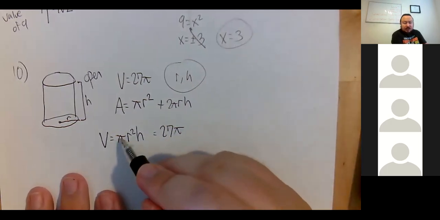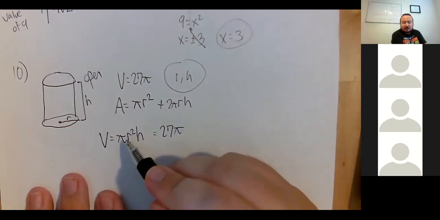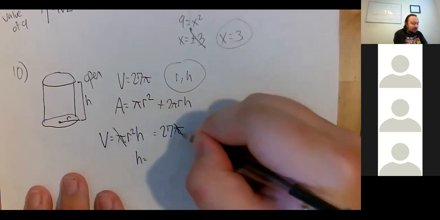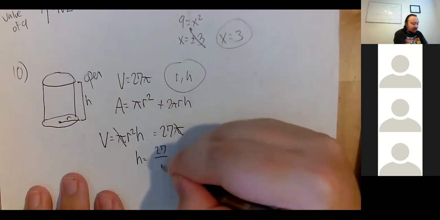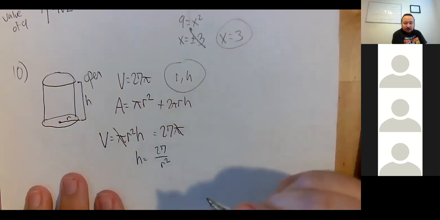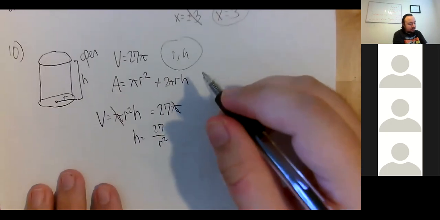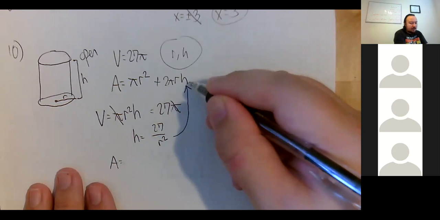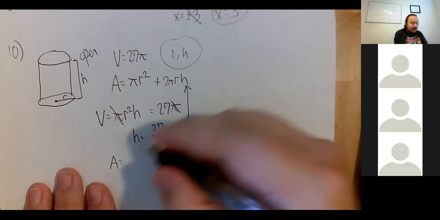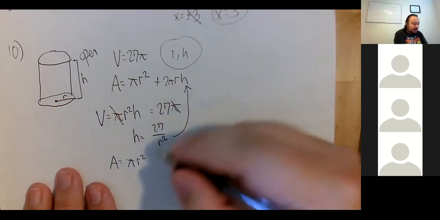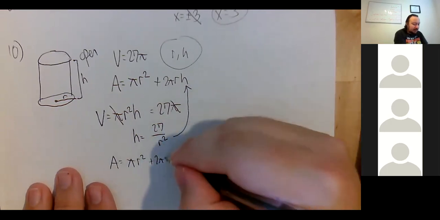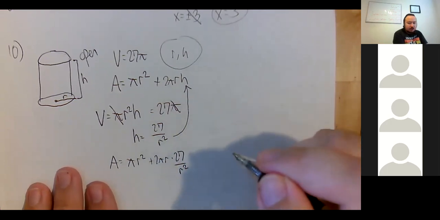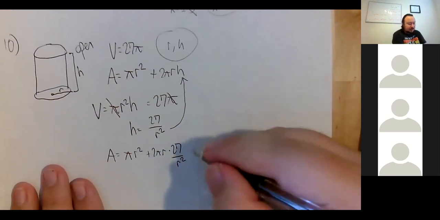So what I can do here is divide both sides by pi r squared, giving me that h will be 27 over r squared. That will be h here. All right, now I'm going to substitute that in for my h right here, and this will give me pi r squared plus 2 pi r times 27 over r squared, like that.